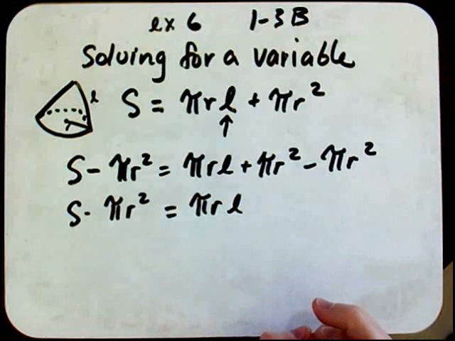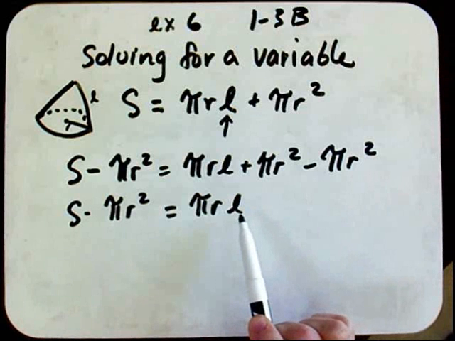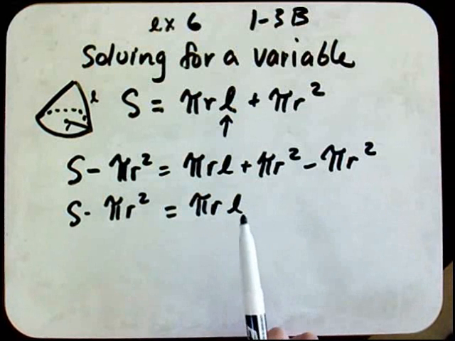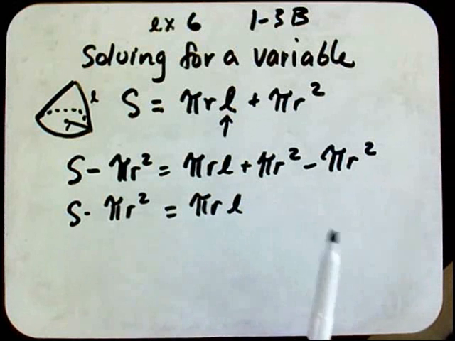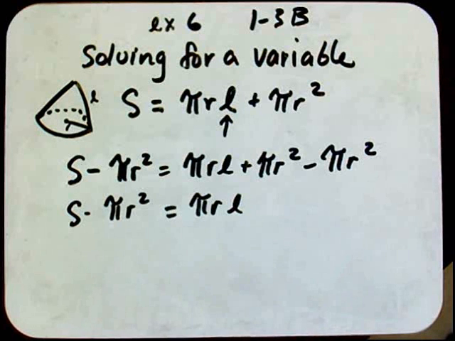Okay, so now we need to start looking at the right side, because there's pi RL. Pi and R are multiplied to the L, so what we need to do is divide each side by that pi and R to get rid of that and get L by itself, because what we do to one side, we do to the other.